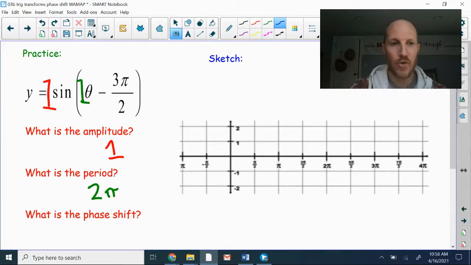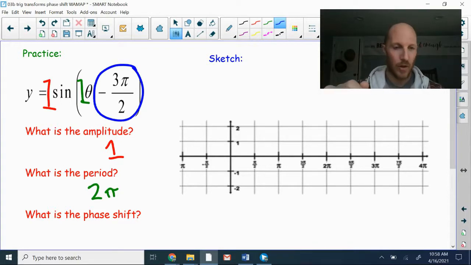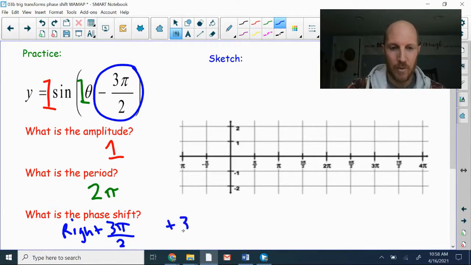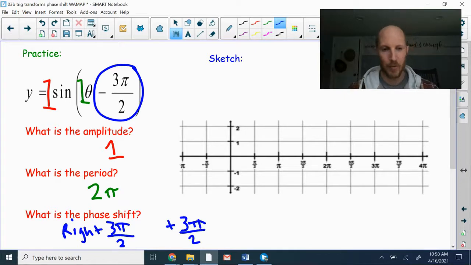And the phase shift, it says in the equation, minus 3 pi over 2. And so that is going to give me a phase shift to the right by 3 pi over 2. Don't forget the 3. And if we're entering this into a WAMAP question that asks us what's the phase shift, we would just say positive 3 pi over 2, or just 3 pi over 2 would mean the same thing.